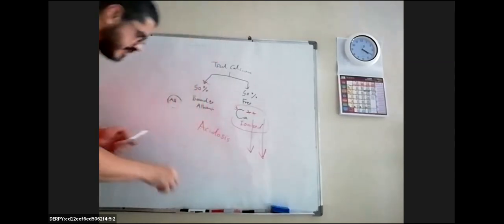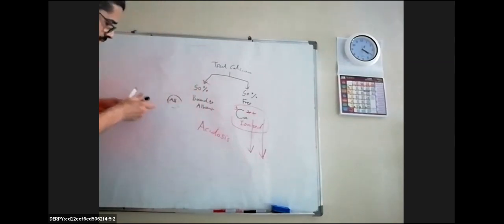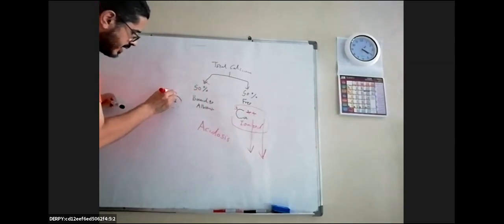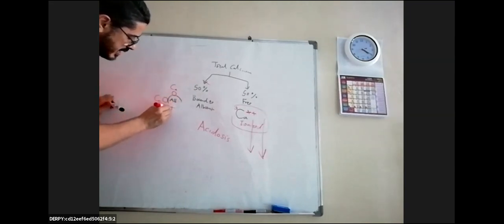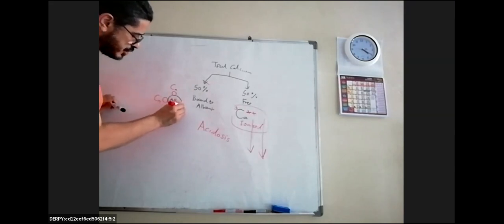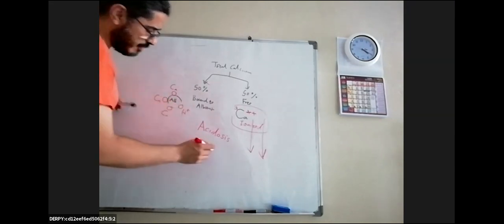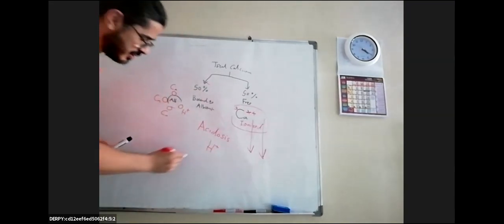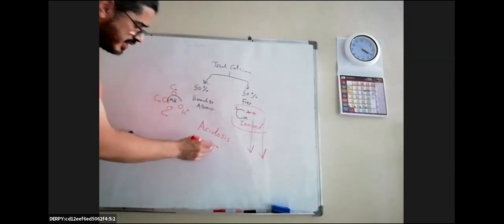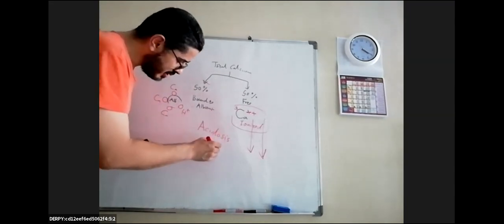We have this albumin and attached to it calcium and calcium and hydrogen. If I have acidosis here, high hydrogen, I treat. When I treat, hydrogen will become low.